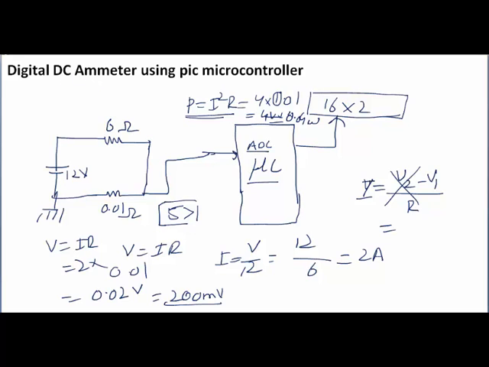Another thing I want to discuss is that there are some limitations with the shunt resistor. Number one limitation is you cannot measure high current.